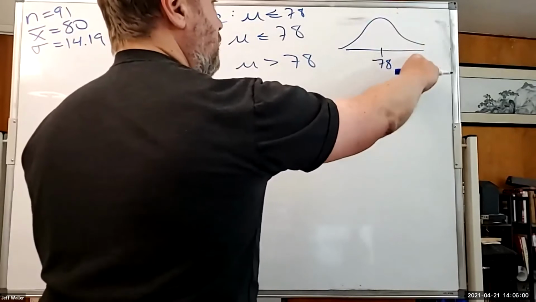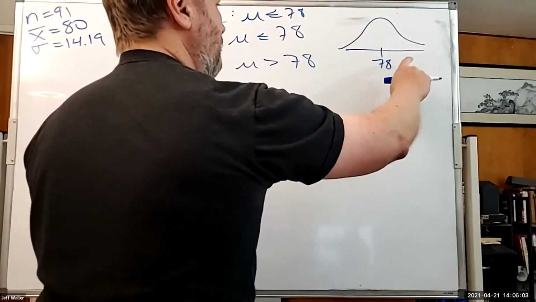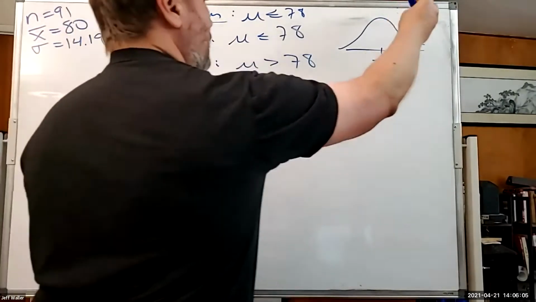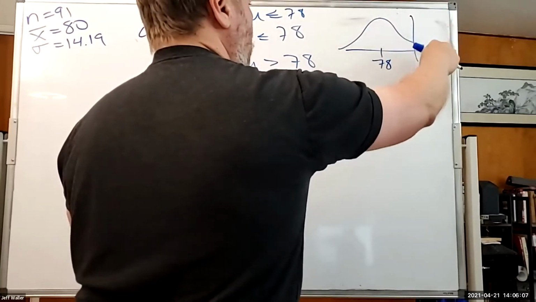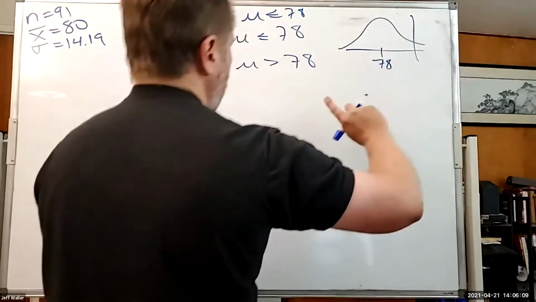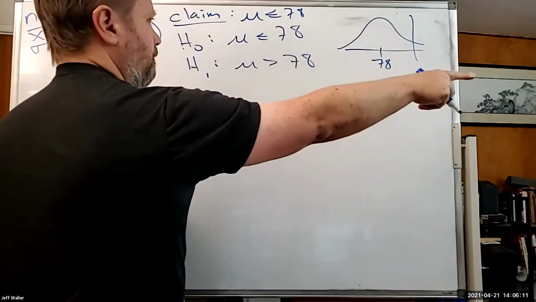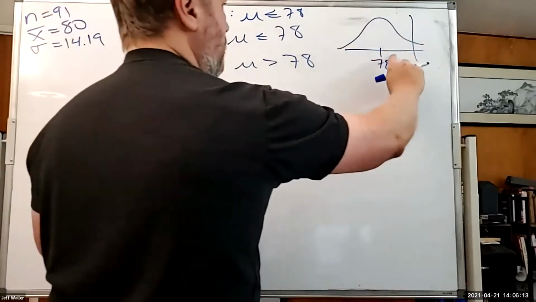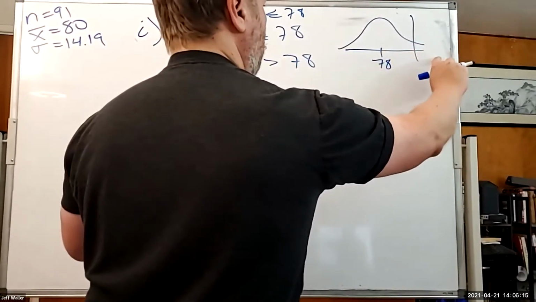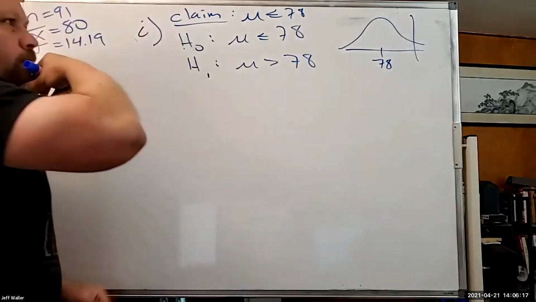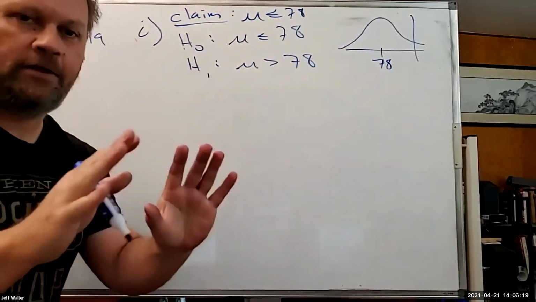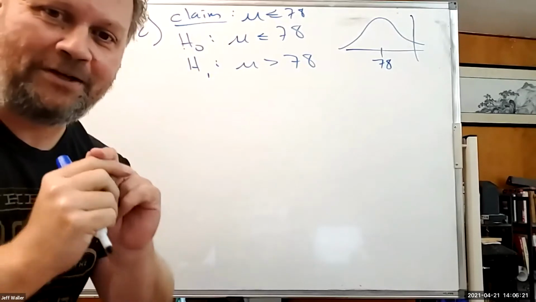Did we figure out what side this is going to be on? I can't remember. The right side. Yeah, a sample would have to show up way up here to be evidence that the actual mean is greater. So 80 is bigger, but is it bigger enough? Okay. So is this a one-tail test or a two-tail test?